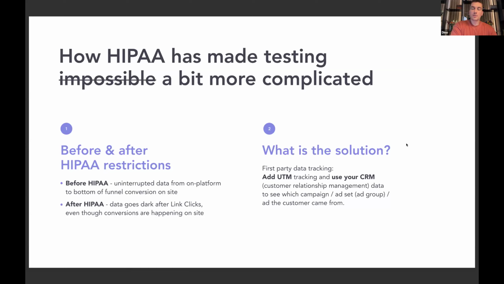So what is the solution to merging this data from Meta and your CRM? It's a very simple solution. It's adding UTM tracking to all of your ads and using your CRM data to see which campaign, ad group, whatever, this conversion came from.